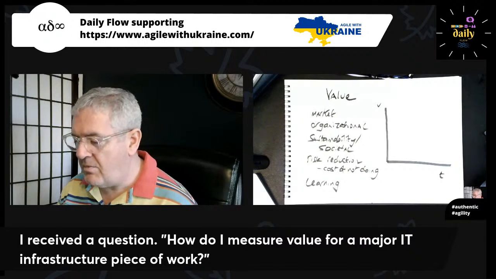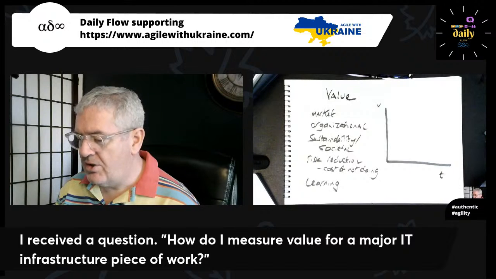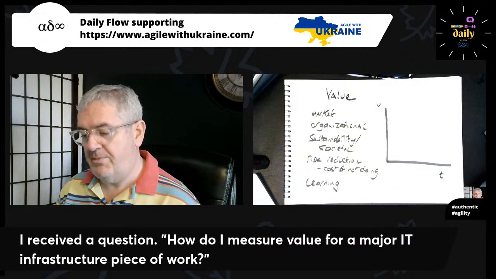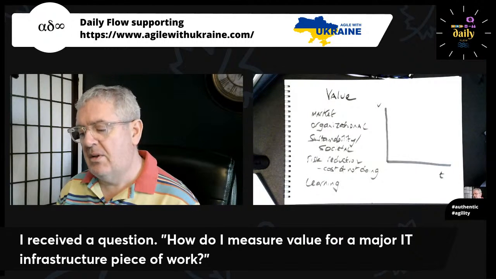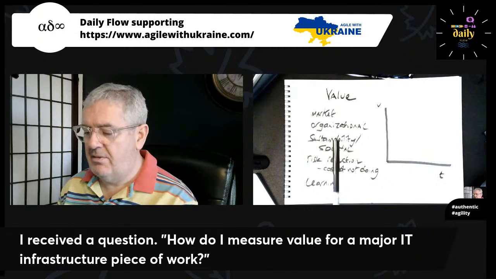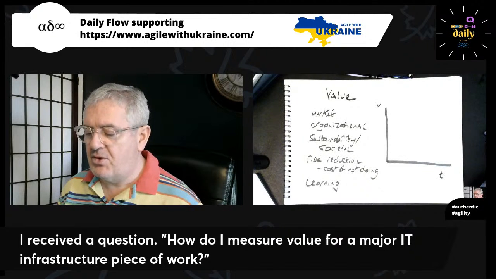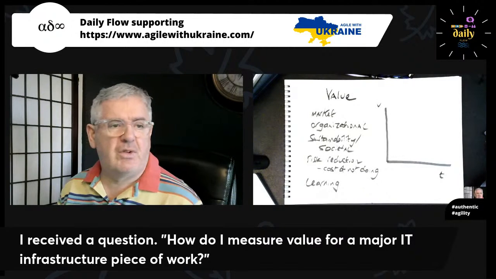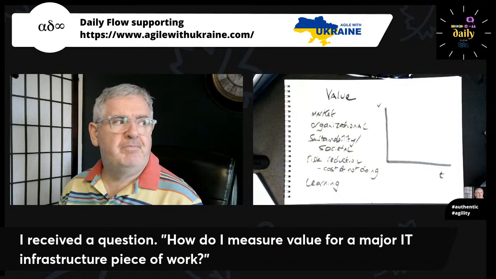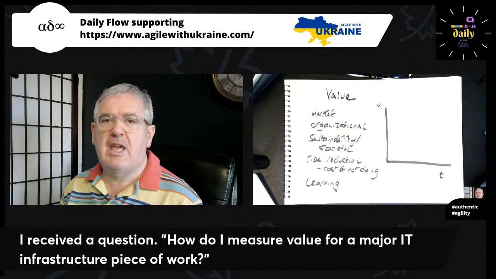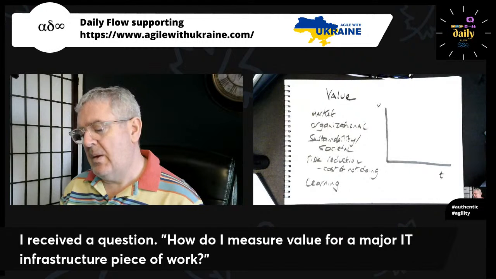A lot of the time, we don't actually know for sure if we will deliver this value. And so sometimes you can run some experiments to discover, well, do we have the capability to harvest that value? And so that's for me what value is.